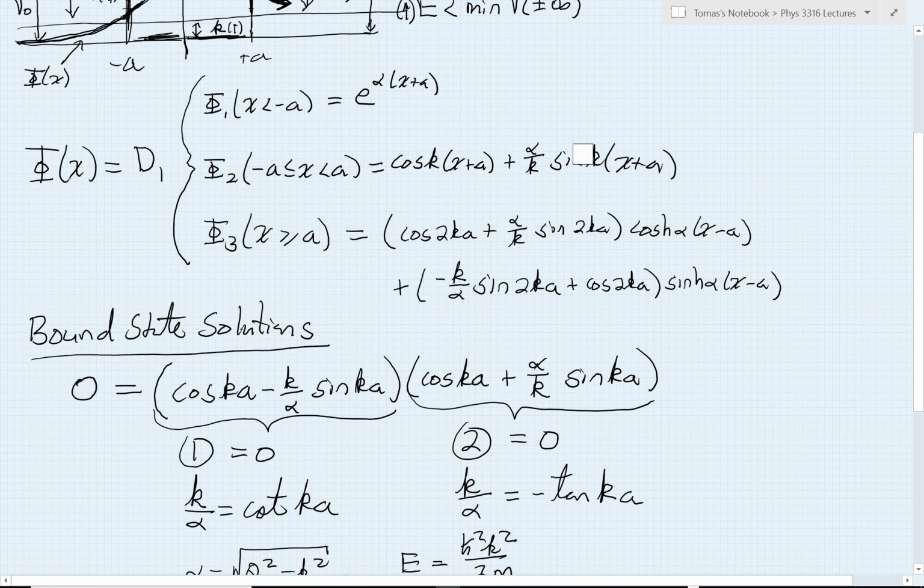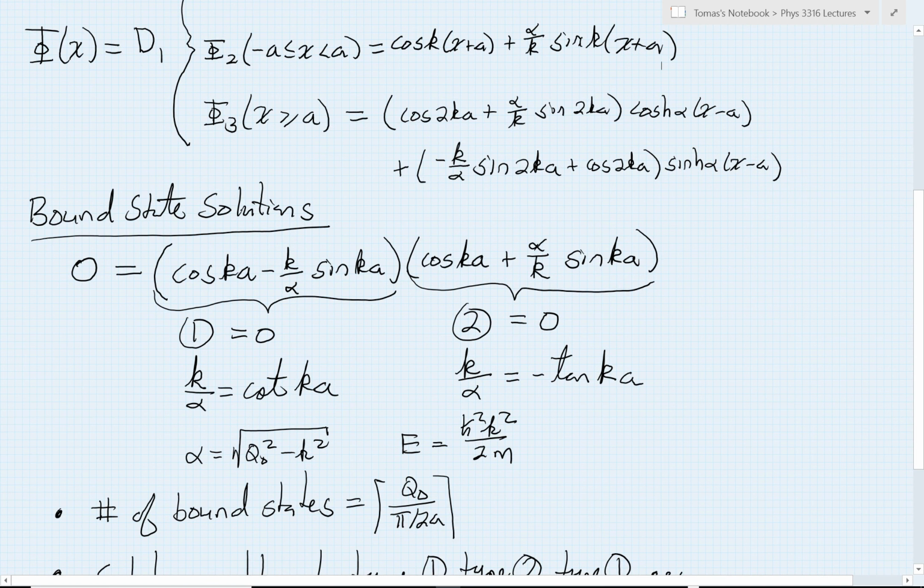And likewise, there's a trig identity for the sine function, which will bring out all kinds of sines and cosines of ka, which may combine in interesting ways with the sines and cosines of ka inherent in this alpha over k. So what I'd like to do then is to expand out my trig identities for this function, and then to pick off what the specific values of alpha over k would be telling me.